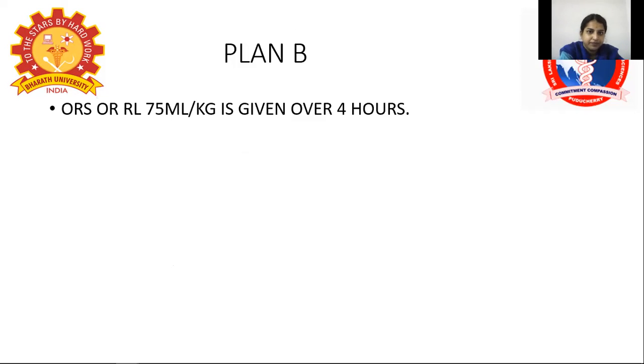So, according to Plan B, ORS or Ringer's lactate is given depending on whether the child is able to drink the fluid properly and on the age of the child. If the child is able to drink the fluid orally, ORS is given at 75 ml per kg as the child tolerates, over at least 4 to 6 hours.